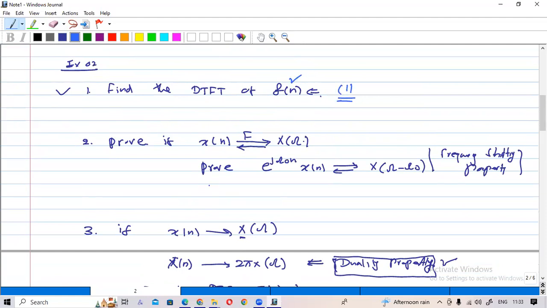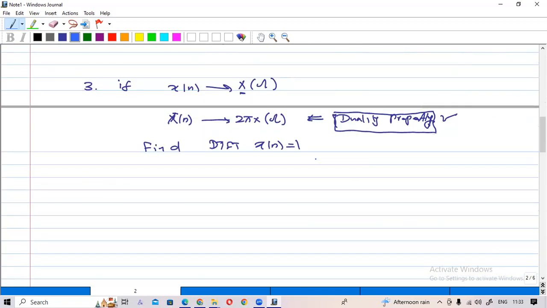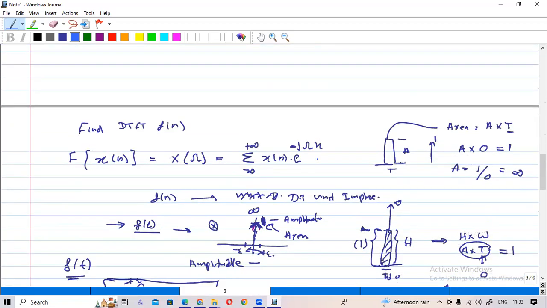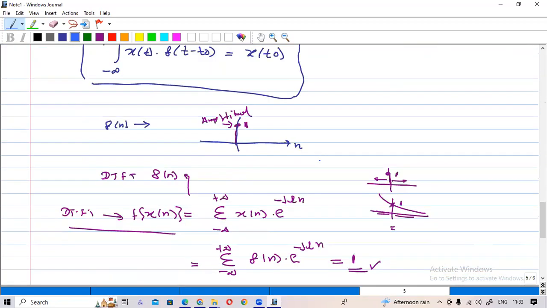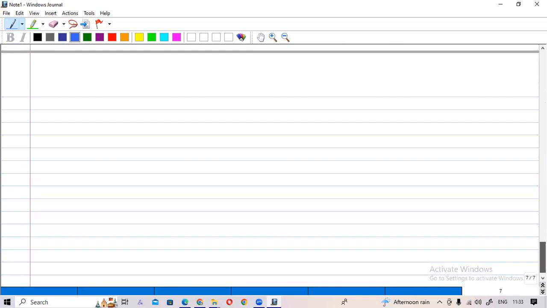Now I ask you to prove this one. It is very simple, not much difficult. Again, you have to use the definition. Let's say you are given a signal x[n].